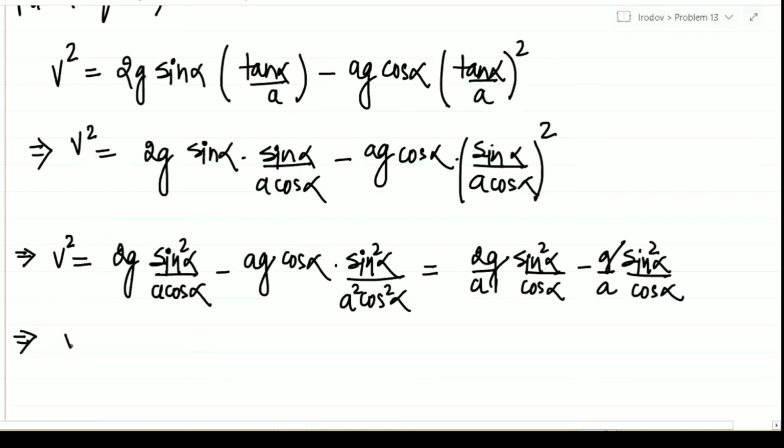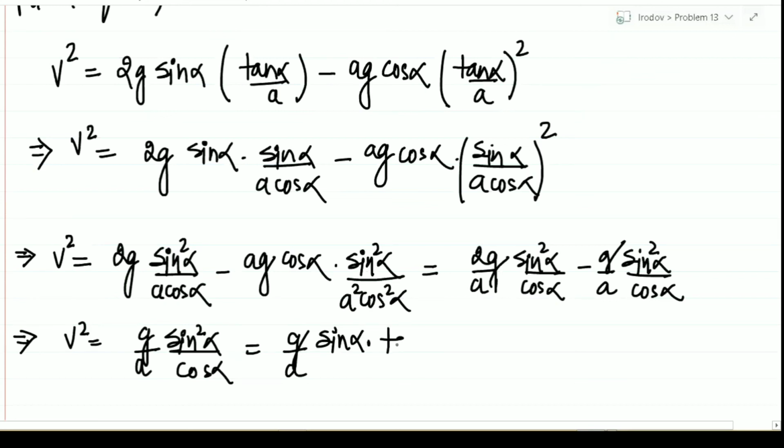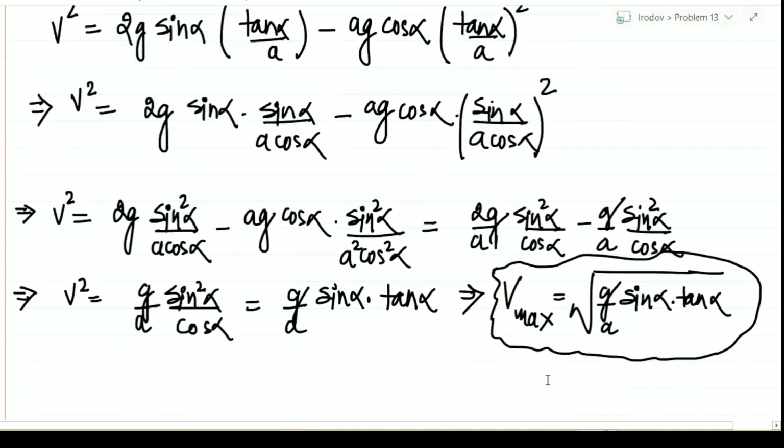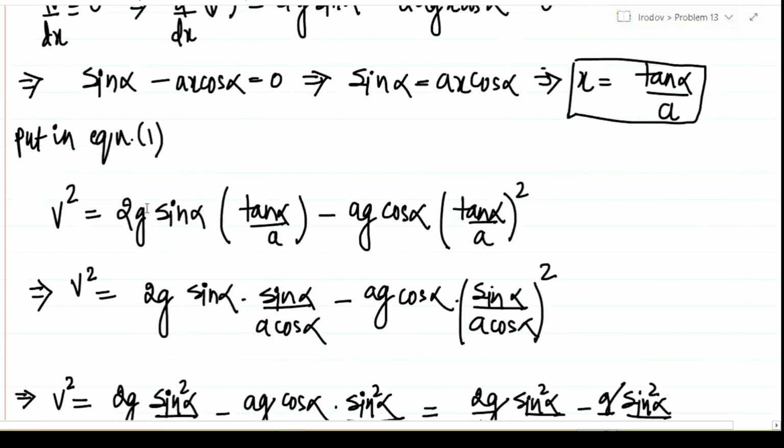This implies that v square is equal to, which can also be written as, g by a sine alpha tan alpha. This implies that v maximum is equal to root over g by a sine alpha tan alpha, the value of the maximum velocity.